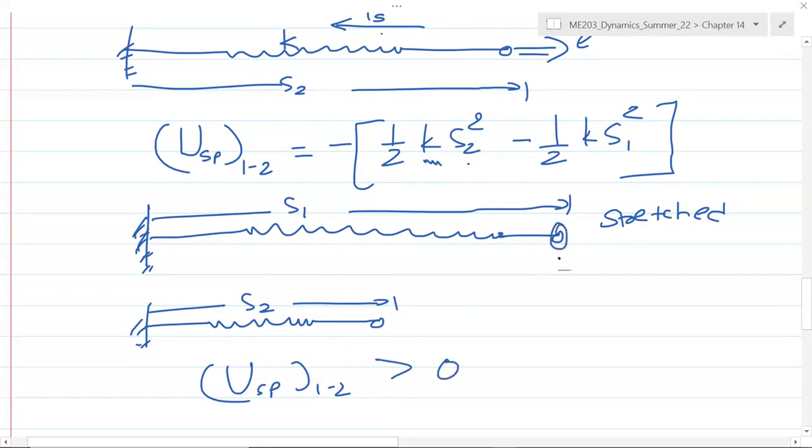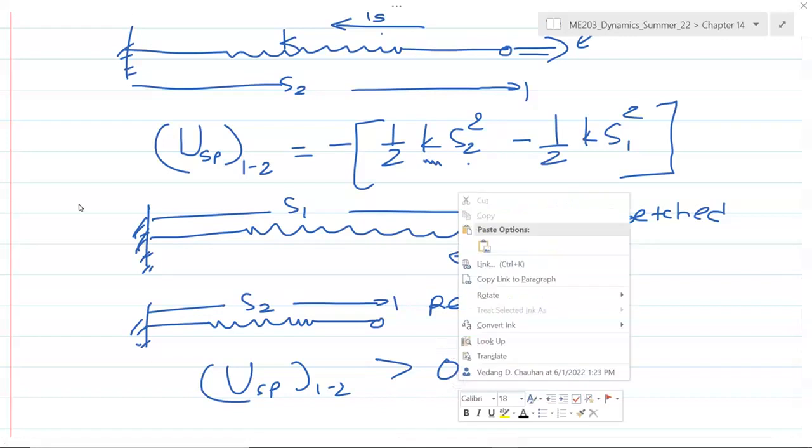In this case, when the spring is released, it goes from right to left, and so does the particle attached at the end of the spring. So work done by the spring is positive in this example.